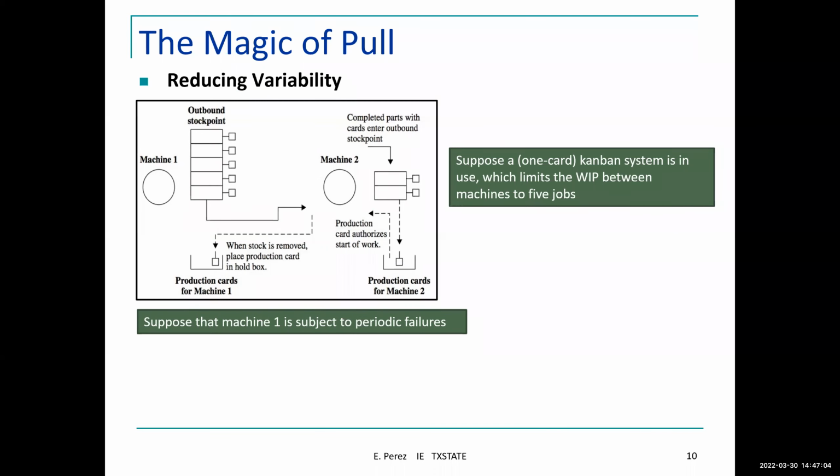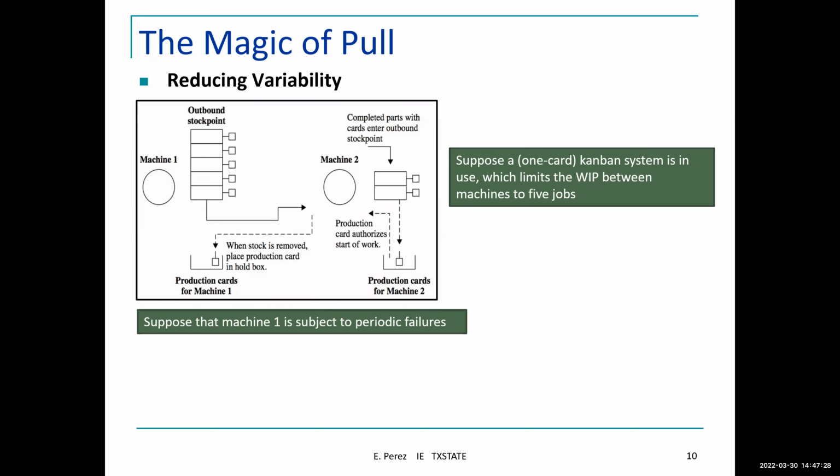Suppose that a one-card Kanban system is in use, which limits the work in process between machines to 5 jobs. So in this example, we have 2 machines, the one on the left and the one on the right. Machine 1 is the first one in the process, then machine 2 is the second one.